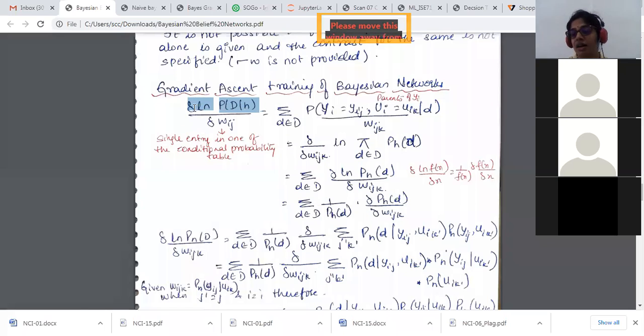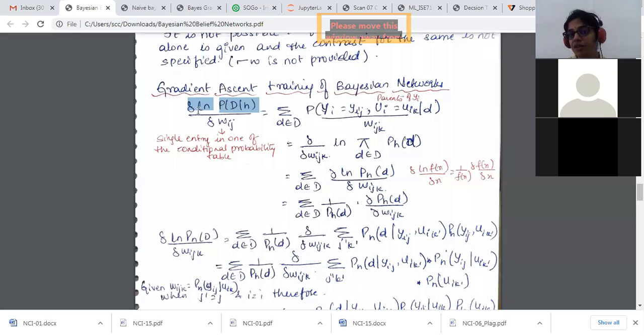So it is the partial derivative of the logarithm of P of d given h, which is nothing but the likelihood, divided by the weights wij. Here wij is a single entry in one conditional probability table.